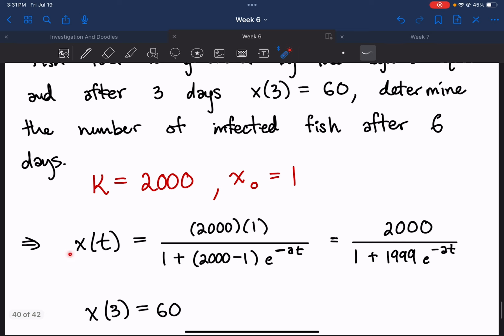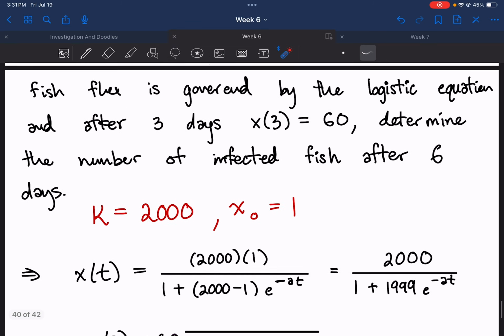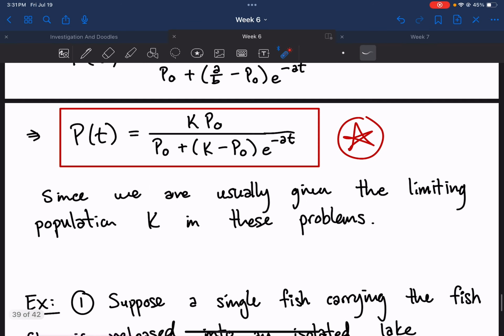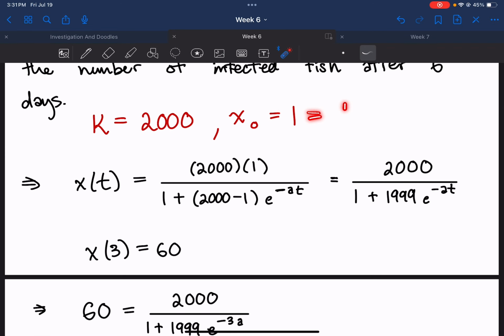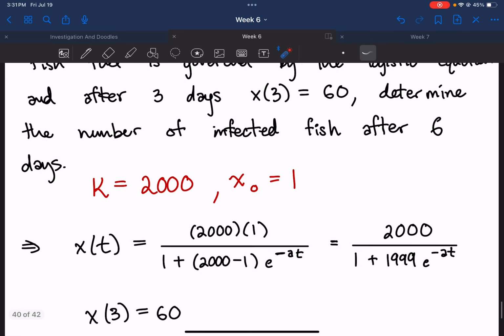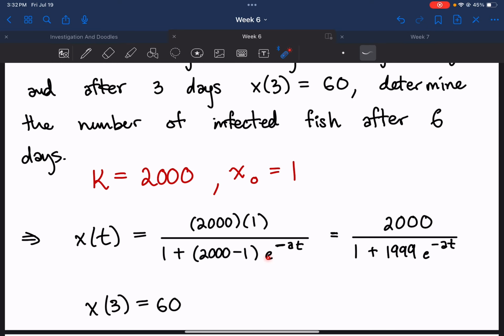We know that x(t) is equal to K P naught over (P naught plus (K minus P naught) e to the negative at).